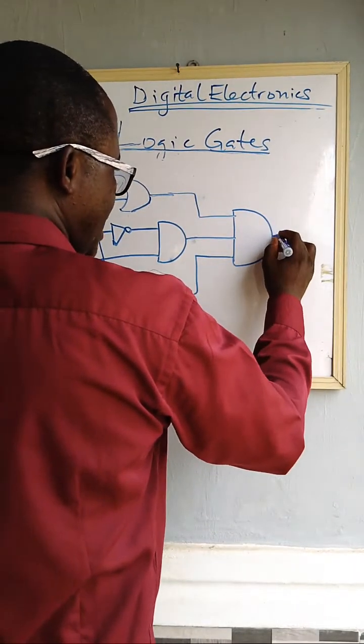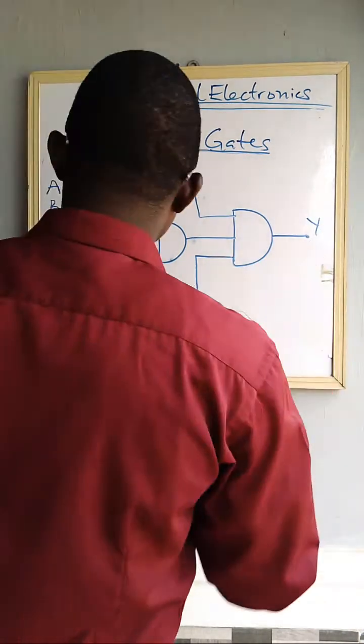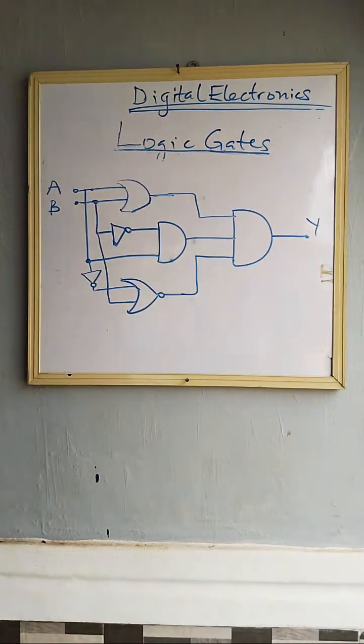AND gate, not NAND, AND. And this is the final output. This is an interesting circuit, and we want to look at what will happen at the output.